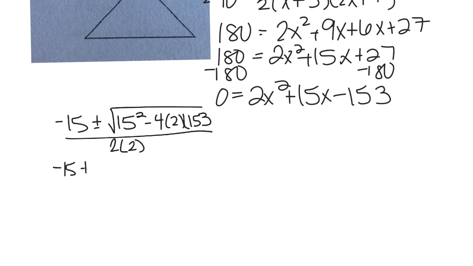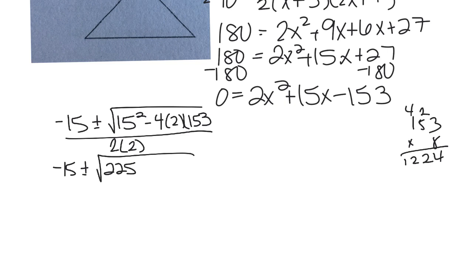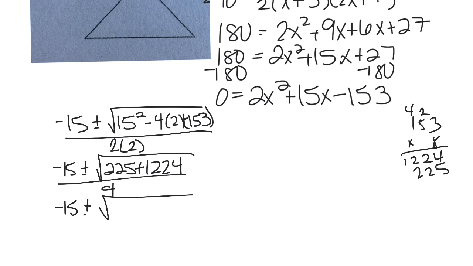So -15 plus or minus the square root of 225. 153 times 8 is 1224. And that's a negative, so plus 1224 over 4. So -15 plus or minus the square root of 225 plus 1224 is 1449, divided by 4.